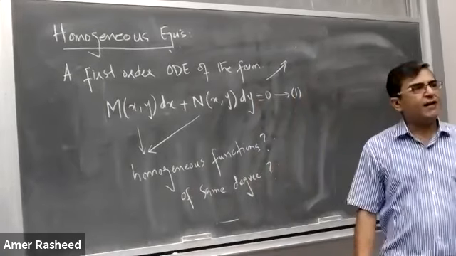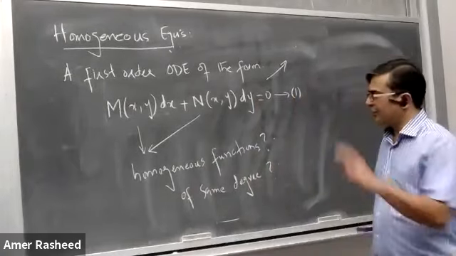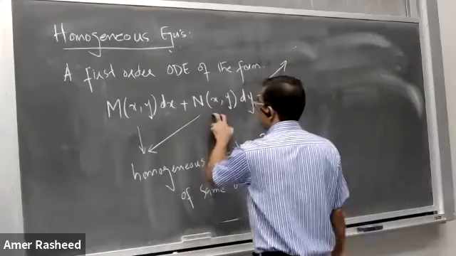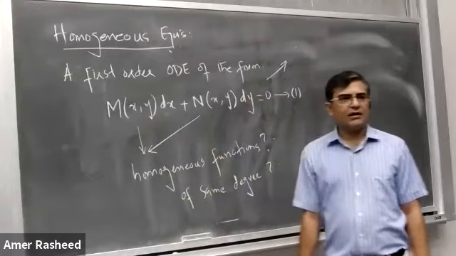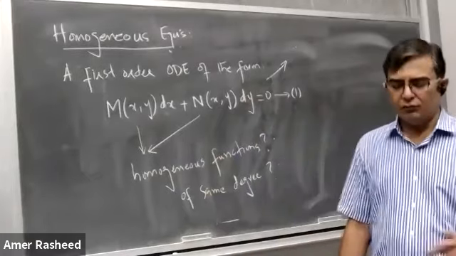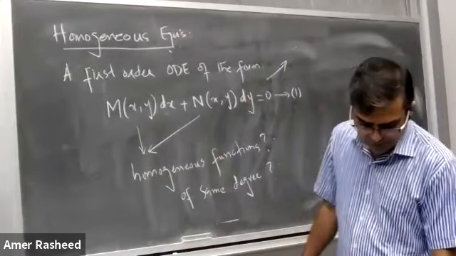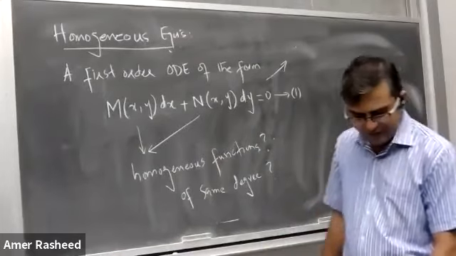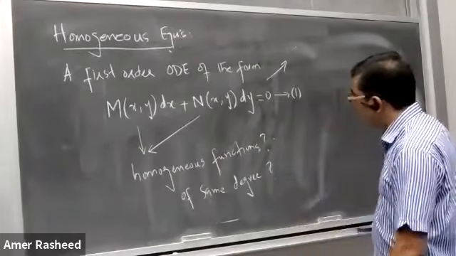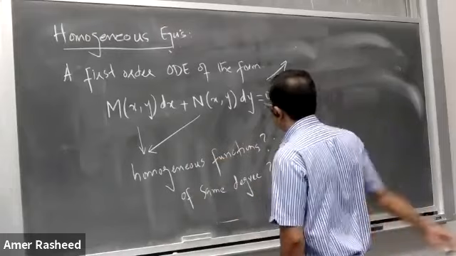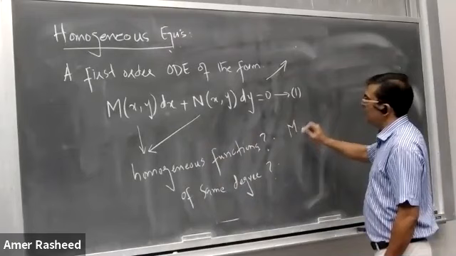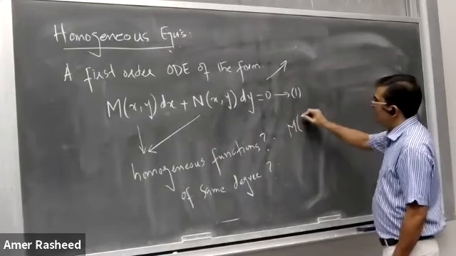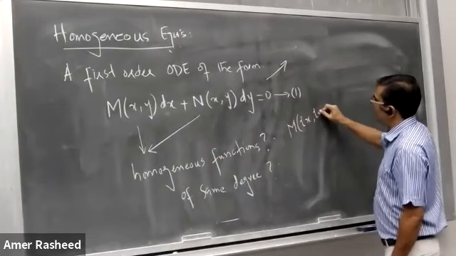So what do we need to check here? Two things. These two functions are homogeneous, and second, their degree is the same. If these two things are true, then we can solve it by using the homogeneous equations technique. How do we check whether these two functions are homogeneous? We replace x by tx and y by ty.